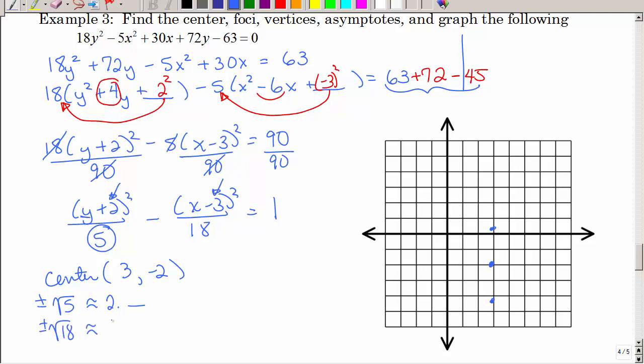Well, that is, 4 times 4 is 16, so that's 4 and a little bit more in the x direction. Then make your rectangle the best you can. Asymptotes, again, go through the corners and the center of the rectangle and beyond.